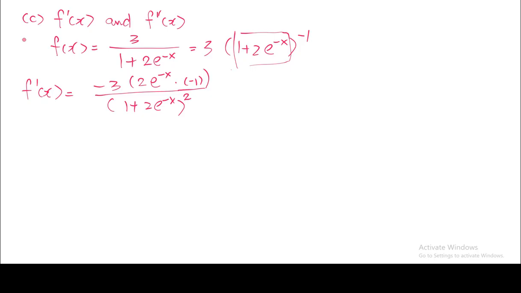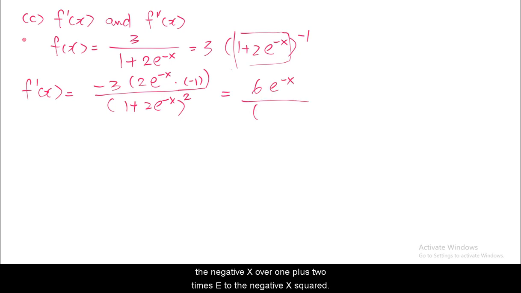That gives us 6 times e to the negative x over 1 plus 2 times e to the negative x squared.